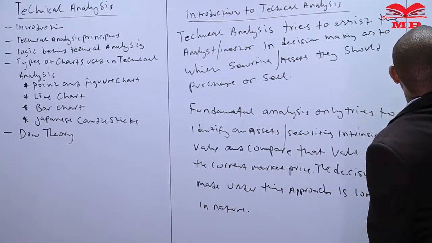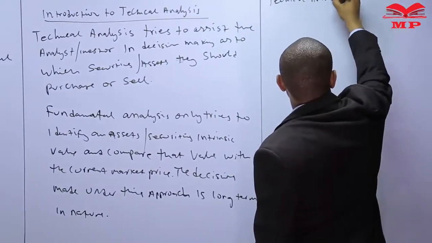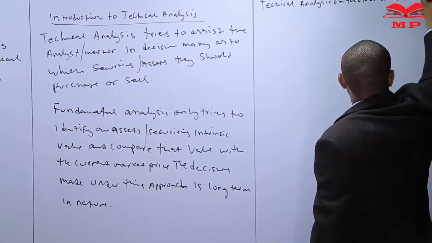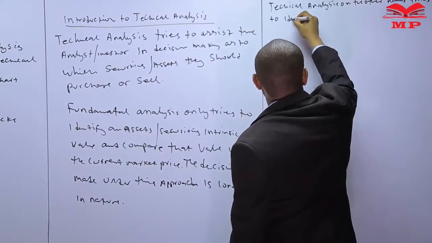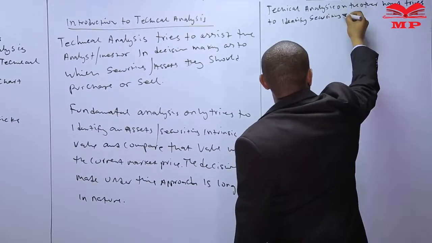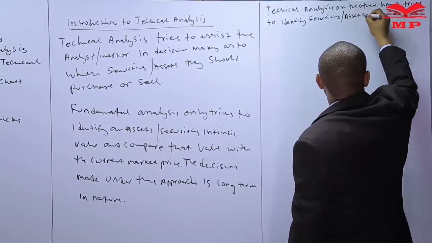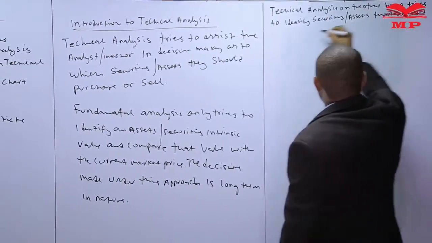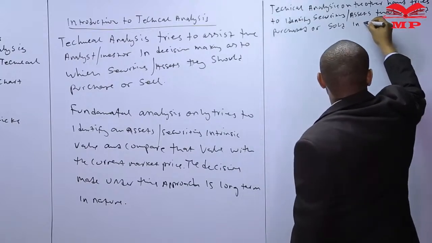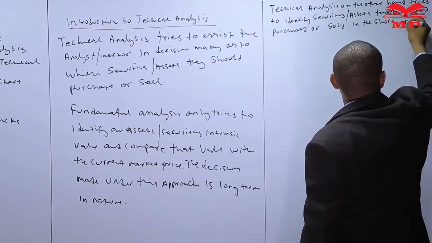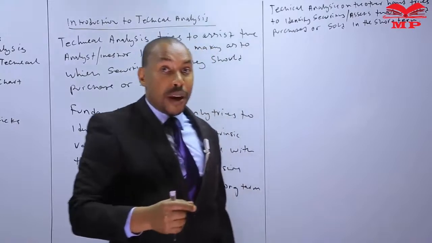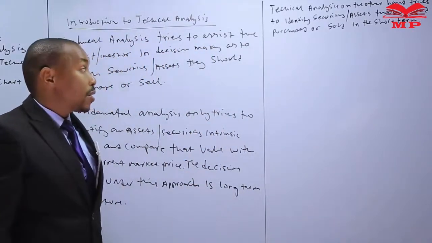Technical analysis, on the other hand, tries to identify securities or assets that should be purchased or sold in the short term, because short-term price movements tend to also impact or create longer-term price movements over a period of time.